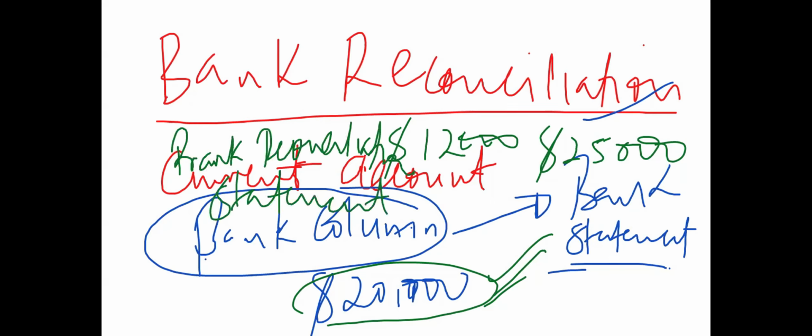We prepare that statement so that we can reconcile the cash book balance with that of the bank statement balances. And that's what this topic of bank reconciliation is all about.